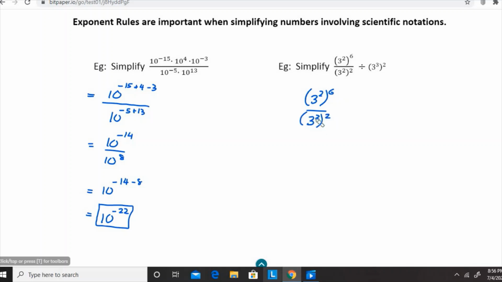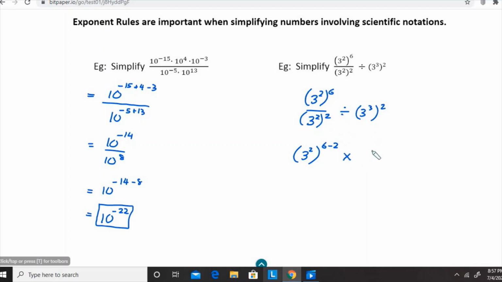Again, the exponent of that entire thing is 2. Then division, 3 cubed raised to the power 2. So the first part I can write it in this way because we have the same base. I can write it as 6 minus 2. The division, I can do this.